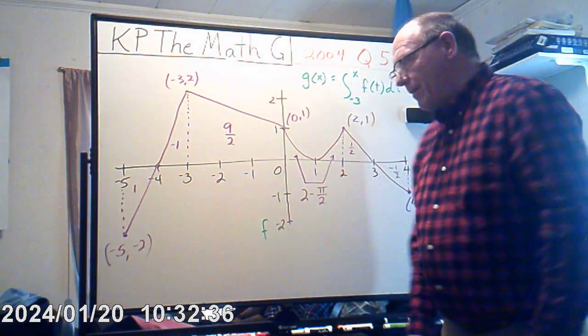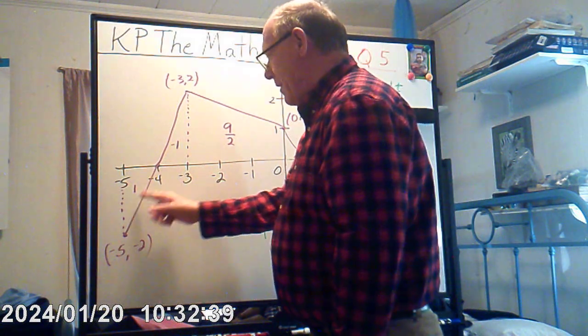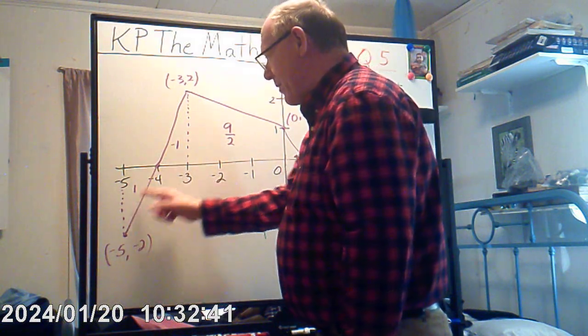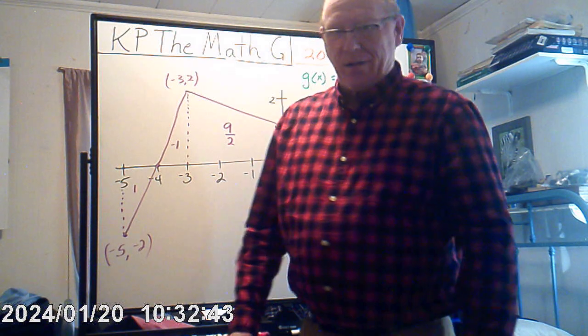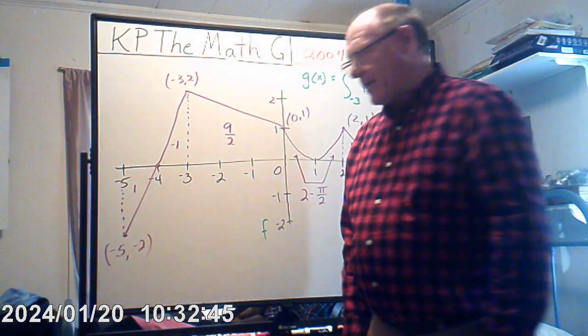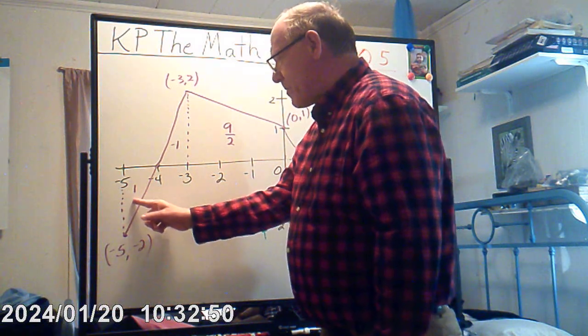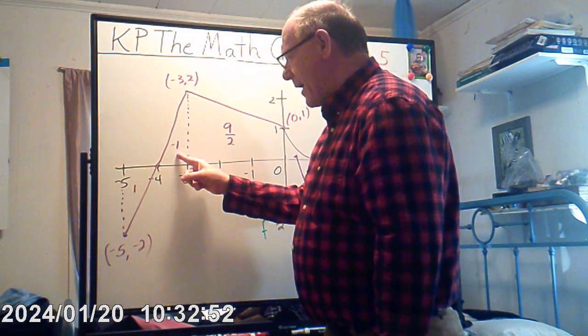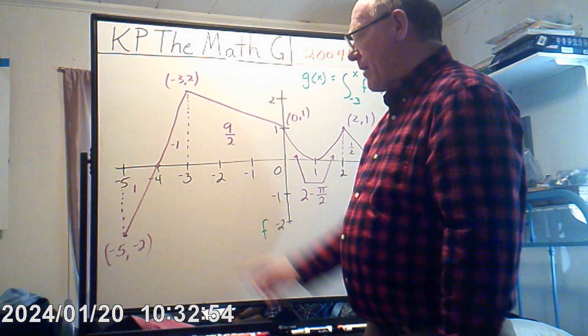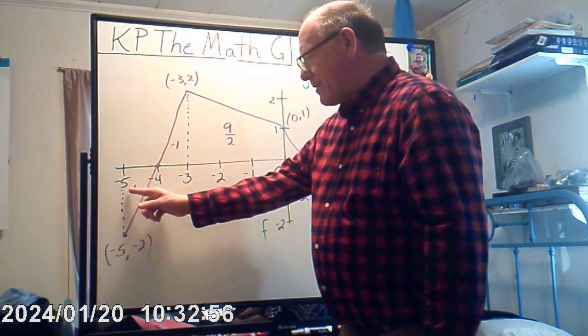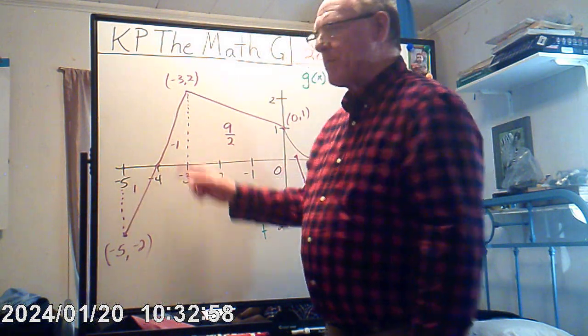I have areas here of 1 and -1, and you might wonder why, after I've done so many videos, the bottom number's positive and the top number's negative. Why should this one be negative and this one be positive?